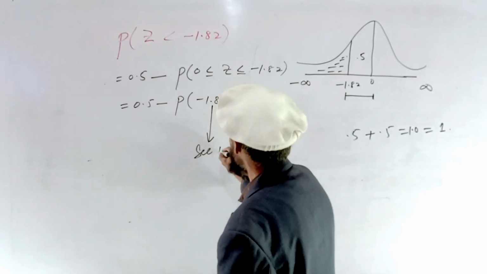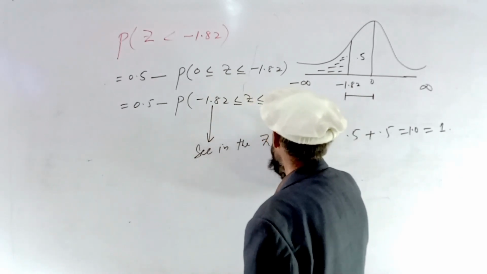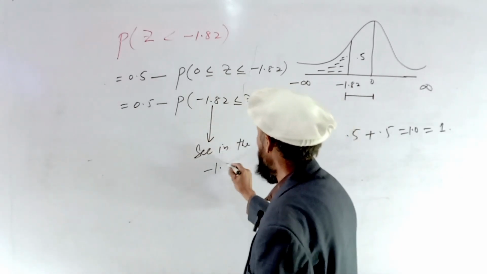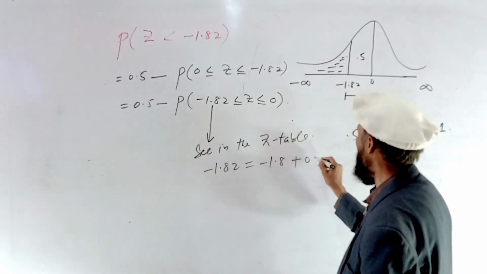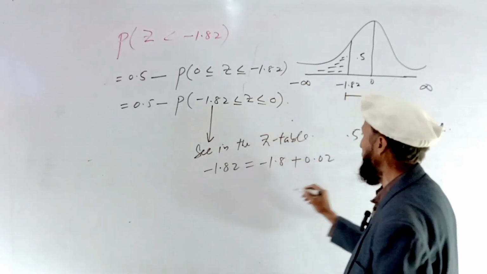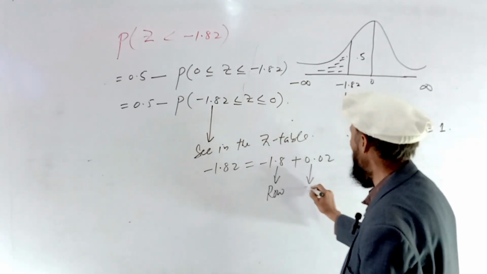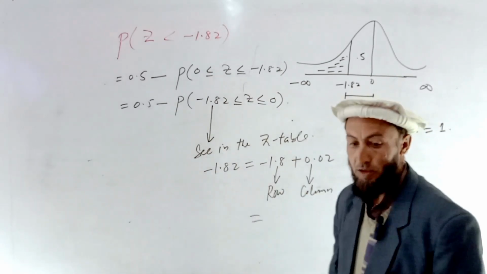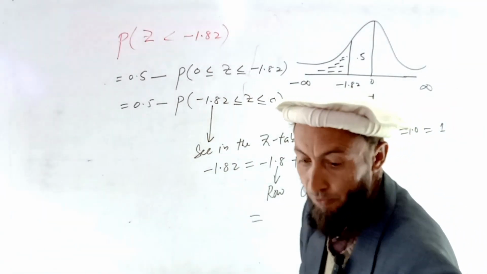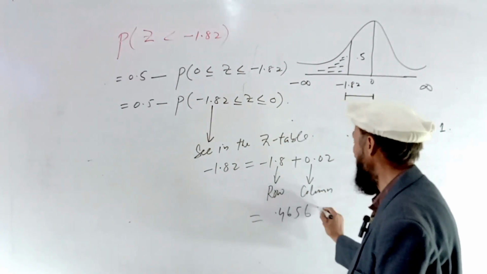See in the Z table: minus 1.82, we can write minus 1.8 plus 0.02. We check the row for 1.8 and the column for 0.02. So the result is equal to 0.4656.